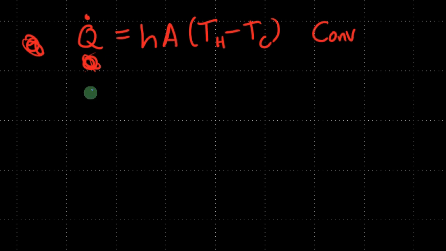So radiation also has very similar results, but there are some things which are slightly different. We're not going to go into everything, but some things are cool. The thing about radiation is that convection was a linear response. The difference in temperature, the difference in the cold temperature, is going to affect how fast your heat leaves.